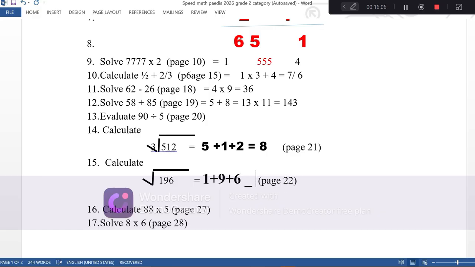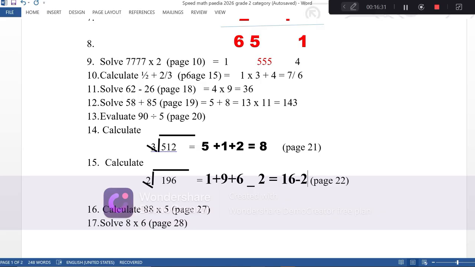Minus the root. Remember that the root here is normally 2. We all know that, but we are not putting it there. So for square root they don't put the power there, but the children should know that there is a power there, minus 2. So it's just like the opposite of what we did in this. So 1 plus 9 plus 6 is 16.